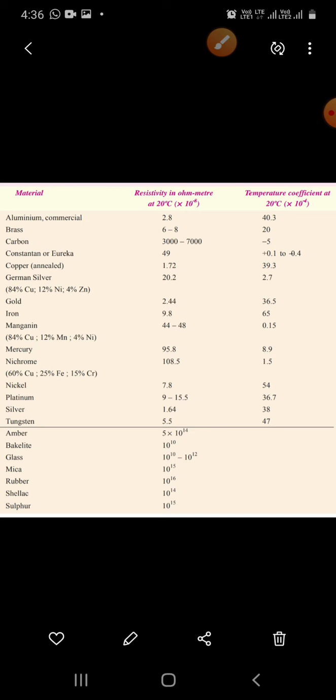Similarly for mercury, and nichrome, which contains 60% Cu, 25% Fe, and 15% Cr. Similarly for nickel, platinum, silver, and tungsten, and for amber, bakelite, glass, mica, rubber, shellac, sulfur, etc.